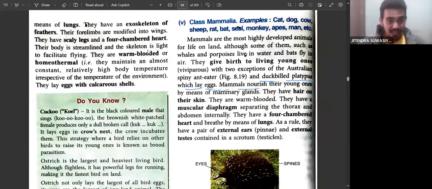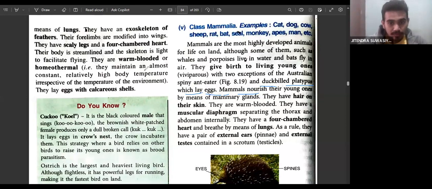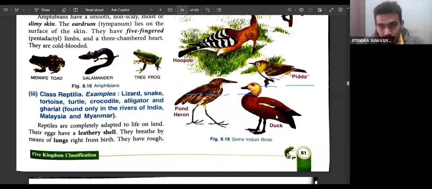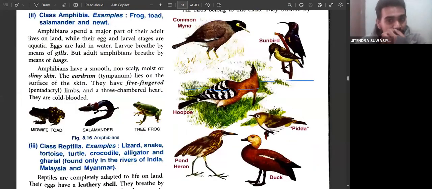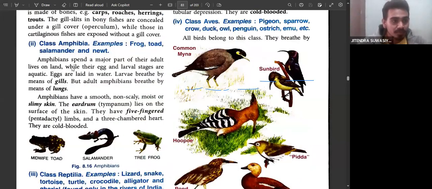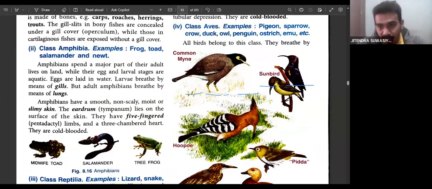Their body is streamlined and the skeleton is light to facilitate flying. Streamlined means that whenever we see birds, we find streamlines on the body surface.